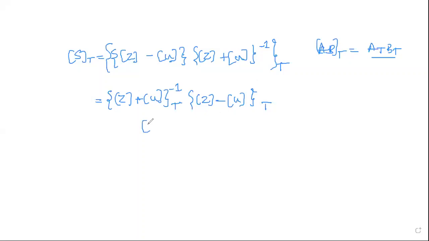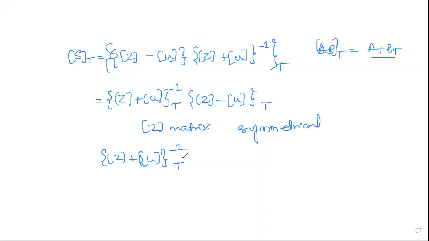Now we know that the Z matrix is symmetrical according to the reciprocal network property. If your Z matrix is symmetrical, which means that Z plus U inverse transpose is also equal to the matrix Z plus U inverse.